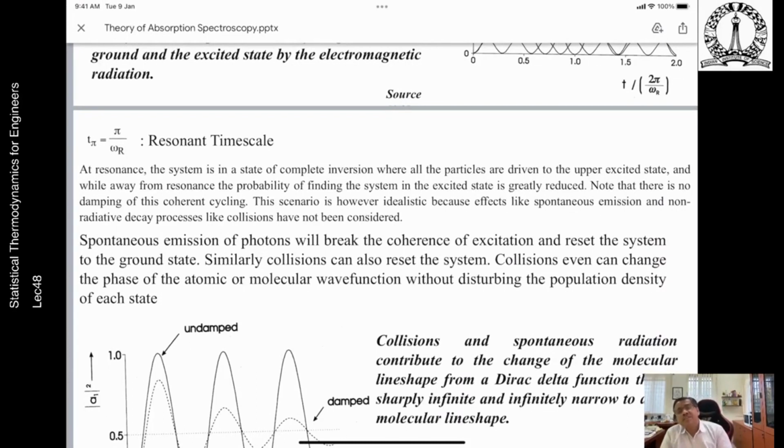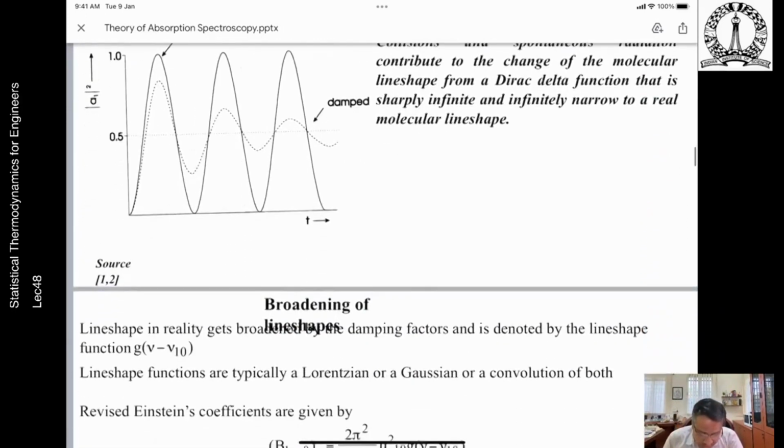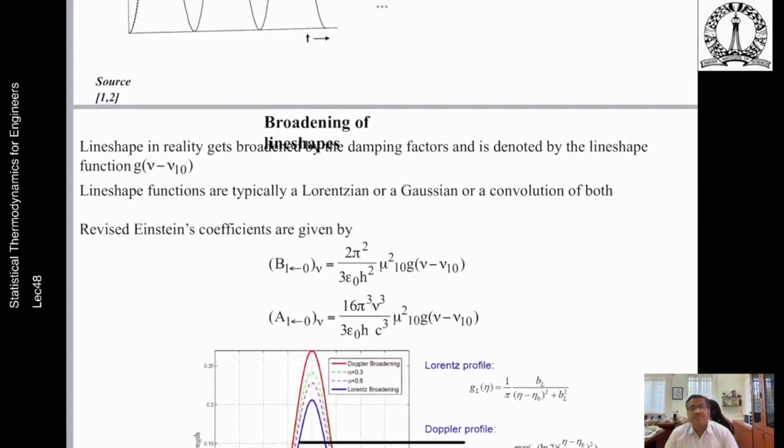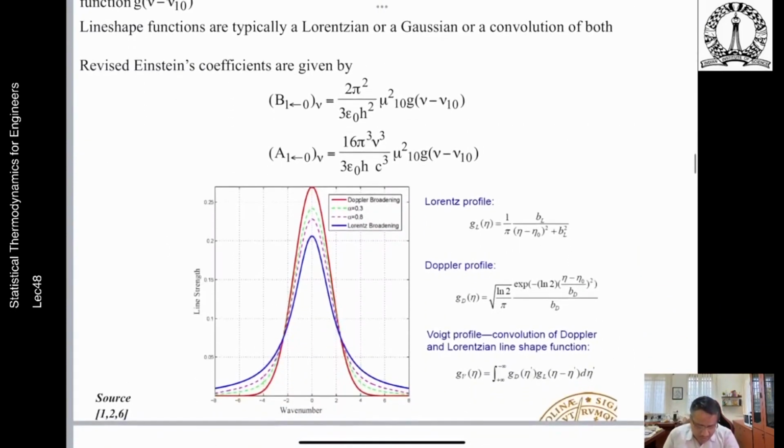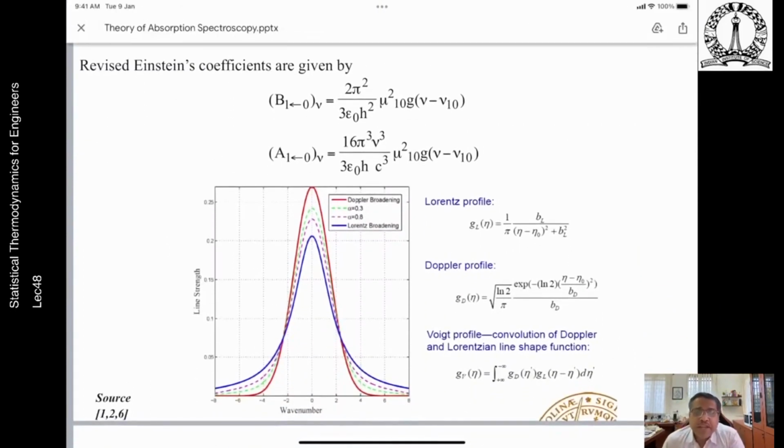Collisions can even change the phase of the atomic or molecular wave function without disturbing the population density of each of the states. We also saw that the line shape in reality gets broadened by the damping factors, and it is given by the line shape function, which we saw. If you look at this plot over here, this shows the Lorentzian broadening and the Doppler broadening.